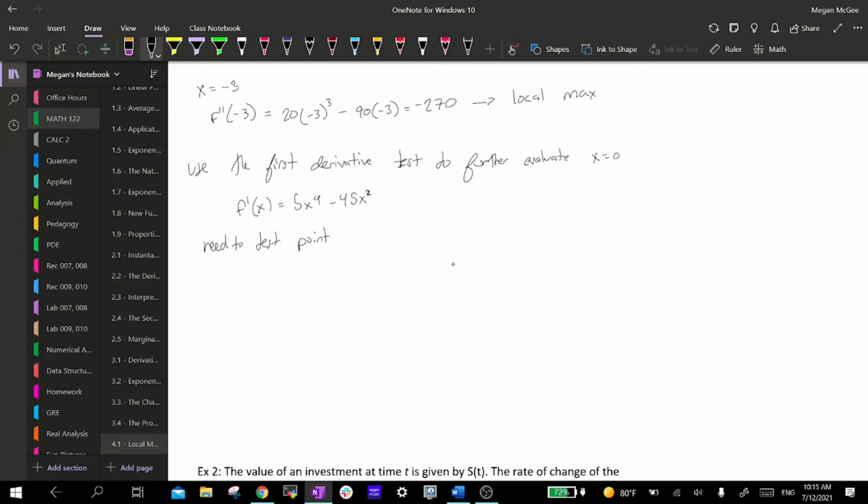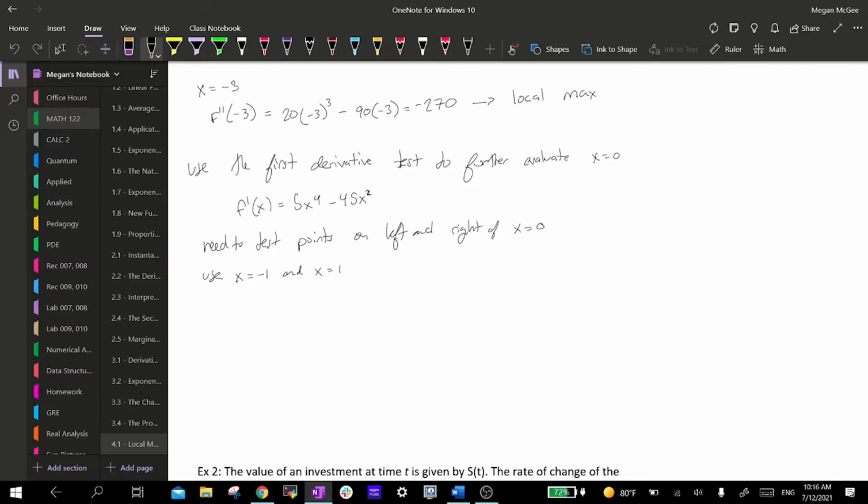Test points on left and right of x is equal to 0. So we want to pick points that are going to make these calculations relatively easy, right? Why pick a difficult number? And x is equal to 0 gives us pretty quickly that we could use negative 1 and positive 1, right? Use x is negative 1 and x is equal to positive 1 to do these calculations.